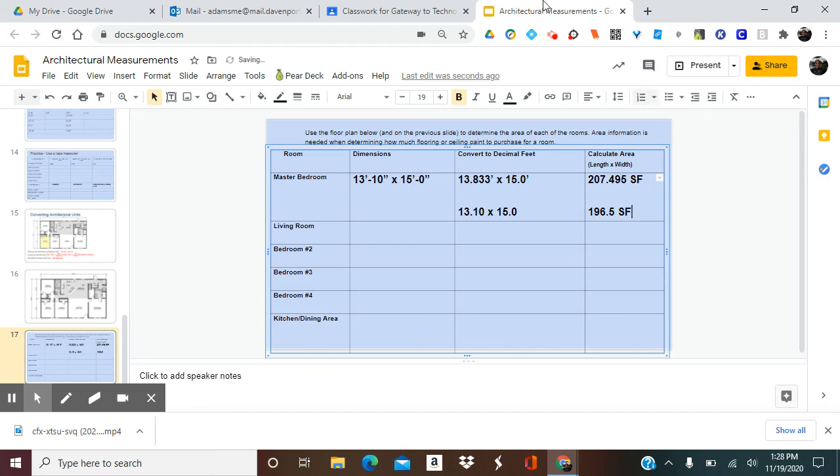So what's going to happen if I go to the store and I say, hey, I need 196.5 square feet of carpet. And then I get home and I put that carpet in my house and then I figure out, whoa, I don't have enough. Why don't I have enough? Well, because you didn't do the correct measurement.